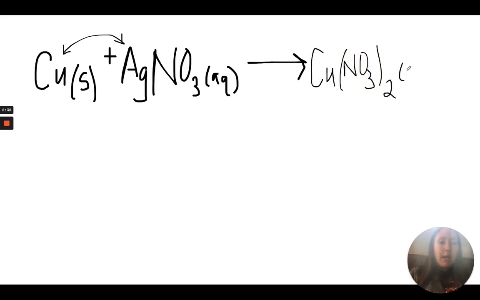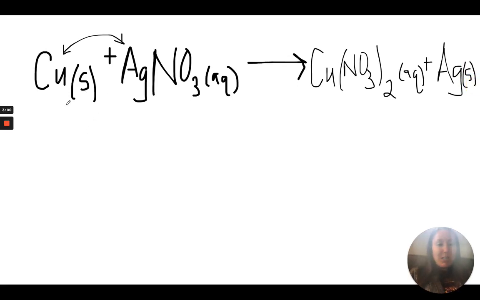This will be aqueous because it contains nitrate, which is always aqueous. And then silver will move out and be the new element on its own. Silver is not diatomic, so it's all by itself, and it is a solid metal. So that is what we have for our complete molecular.